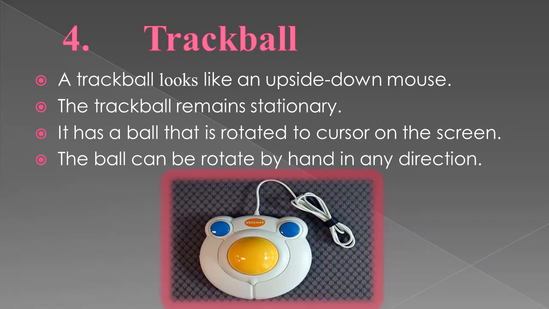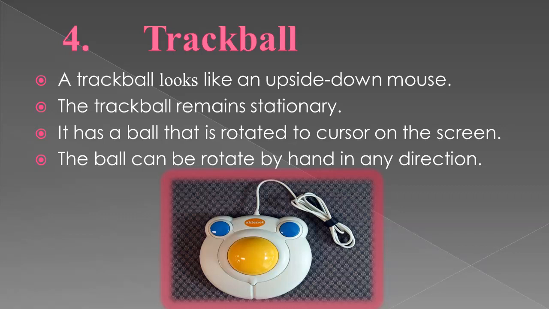Students, a trackball is an input device used to enter motion data into computers or other electronic devices. It serves the same purpose as a mouse, but it is designed with a movable ball on the top which can be rolled in any direction.